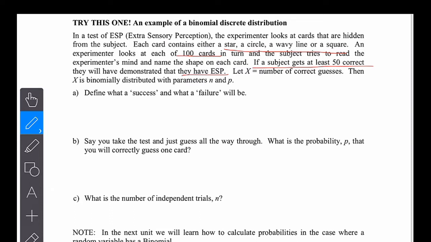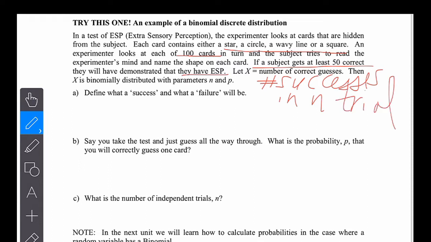I wrote it here. This statement shows you that your variable, that you define as x, is the number of successes in n trials, and they have to be independent trials.